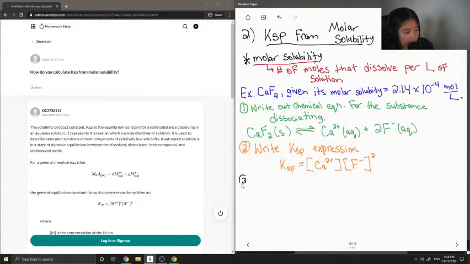That brings us to step 3, which is just to insert the concentrations of each ion, calcium and fluorine, and solve.